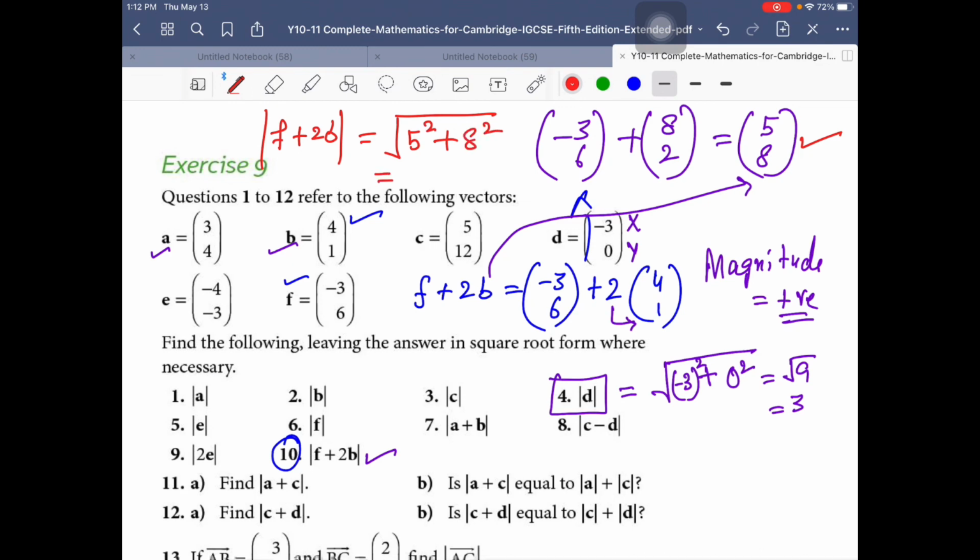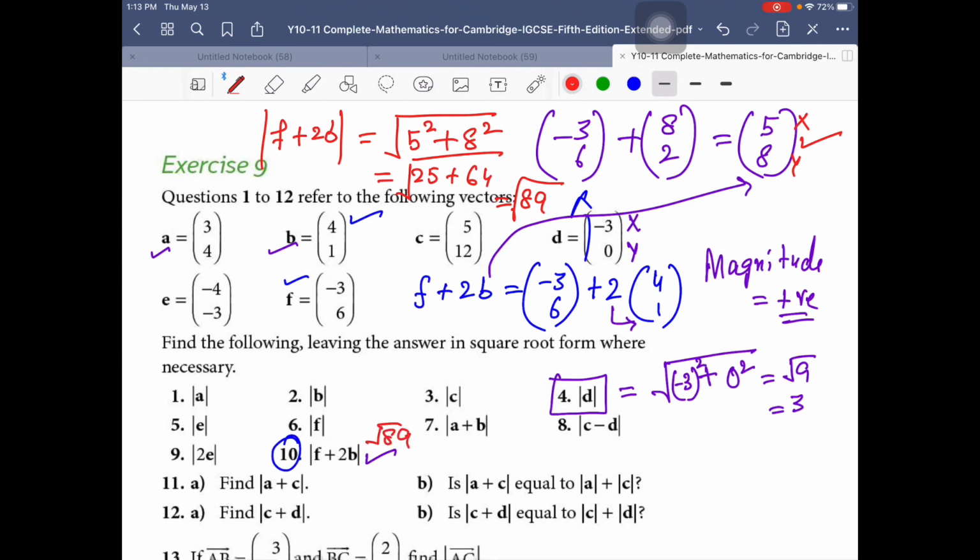The x component is 5, the y component is 8. So 5 squared is 25, 8 squared is 64. We get 89, root 89 basically. So that's the answer to this part.